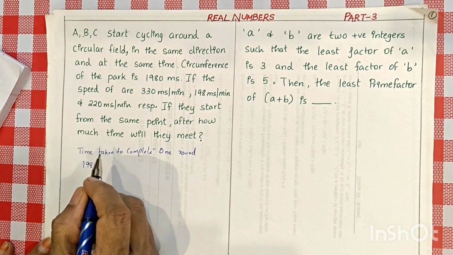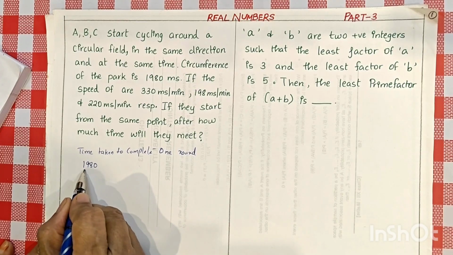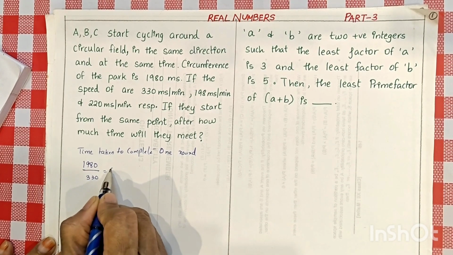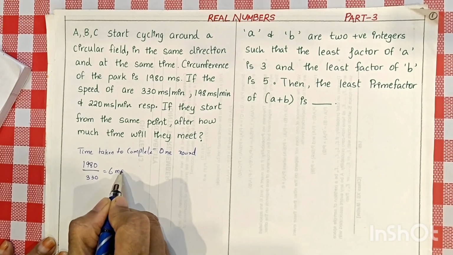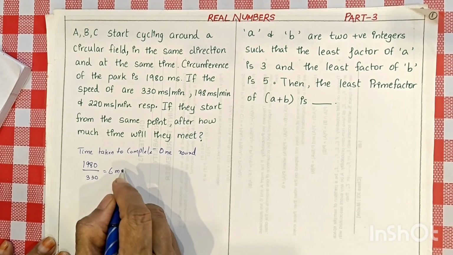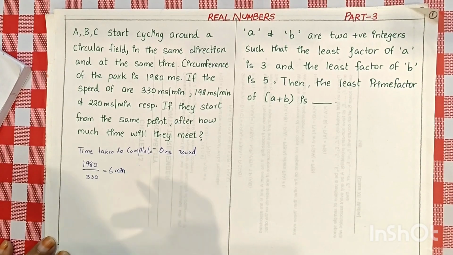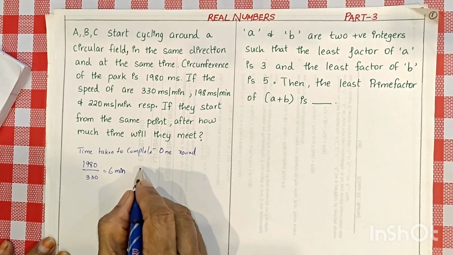1980 meters divided by 330. So the first person, A, will take 6 minutes.